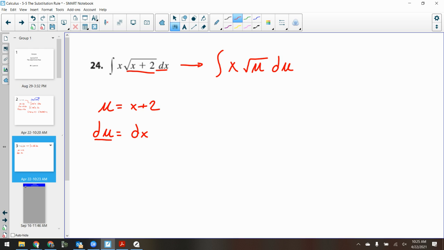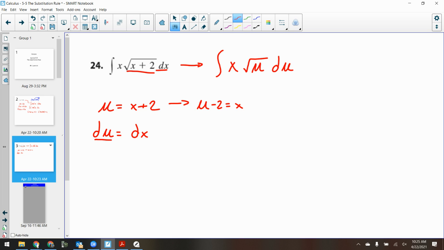I haven't touched my x yet. So what is equivalent to x in terms of u? u minus 2 is x. Okay? We can use the fact that since u is equal to x plus 2, u minus 2 is x.